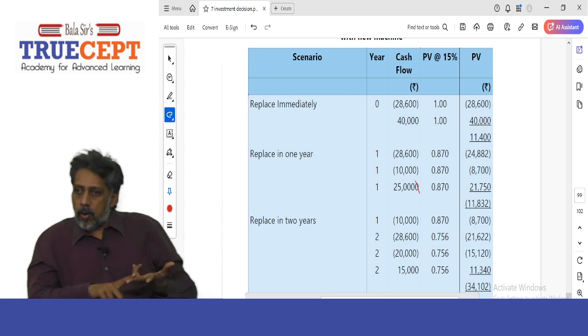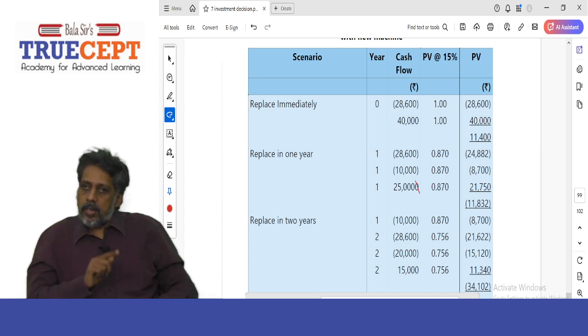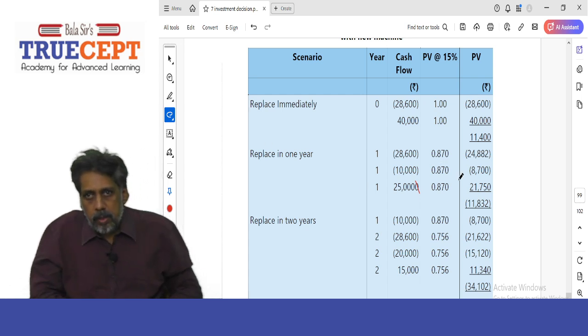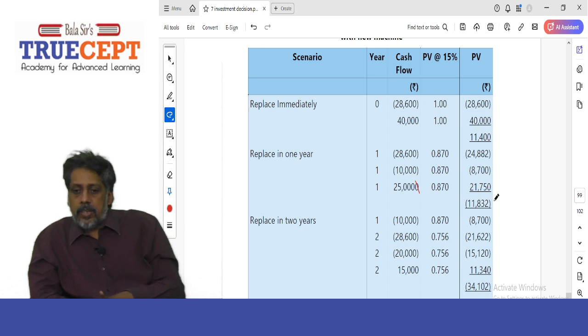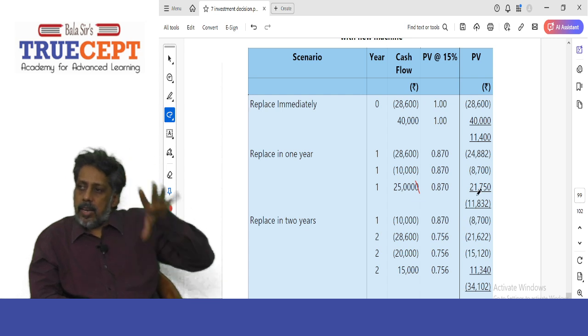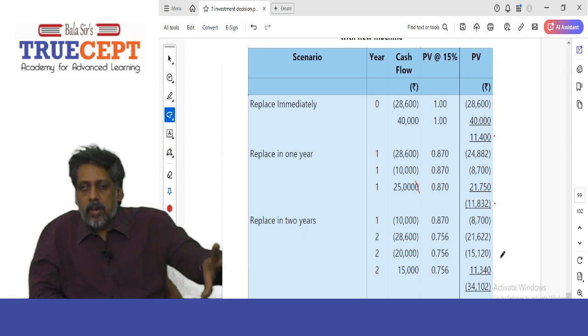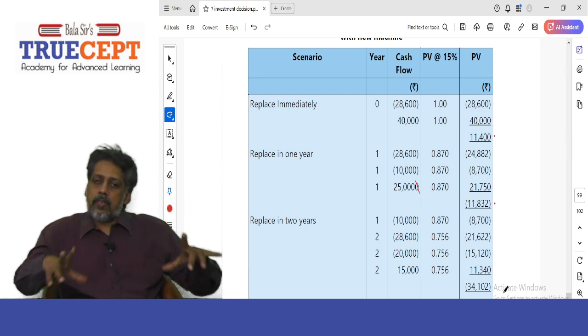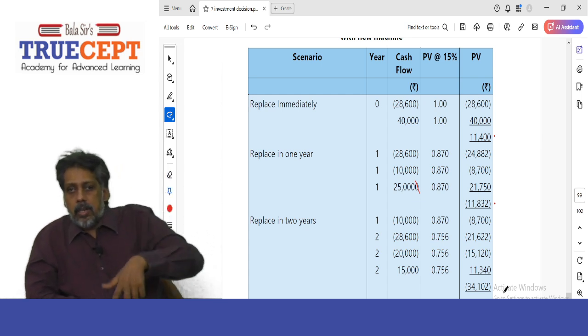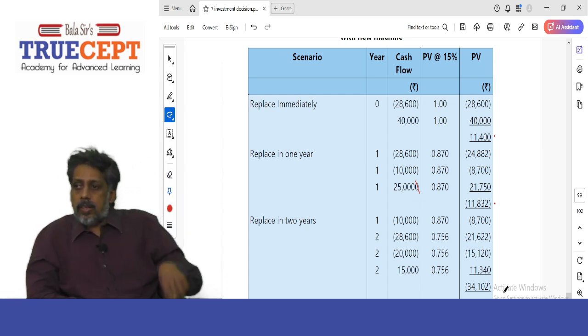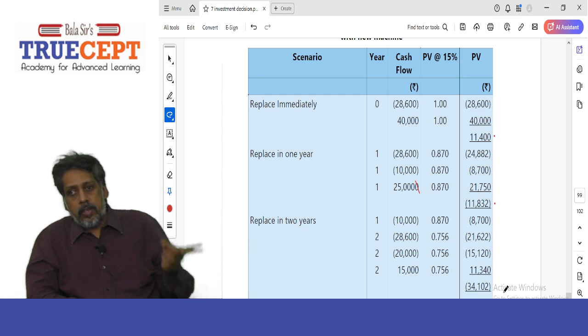Again 28,600 into 0.870, that's an outflow. So add up all these numbers, how much do you get net? It is minus 11,832. It is a negative number. That is the present value of cash outflow in case you decide to replace the existing machine at the end of year 1.